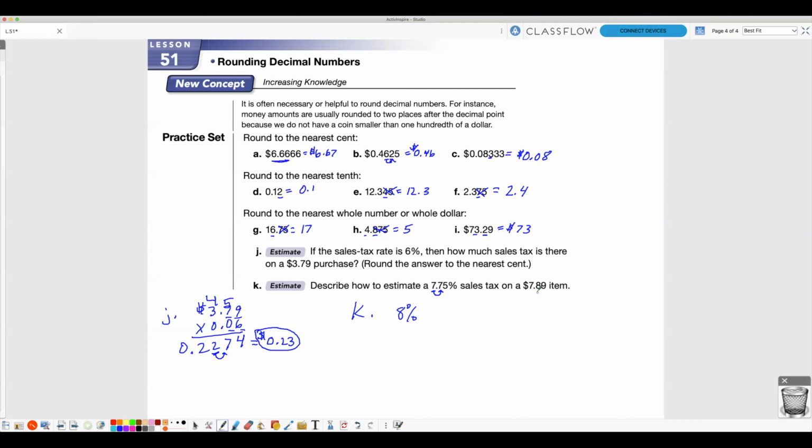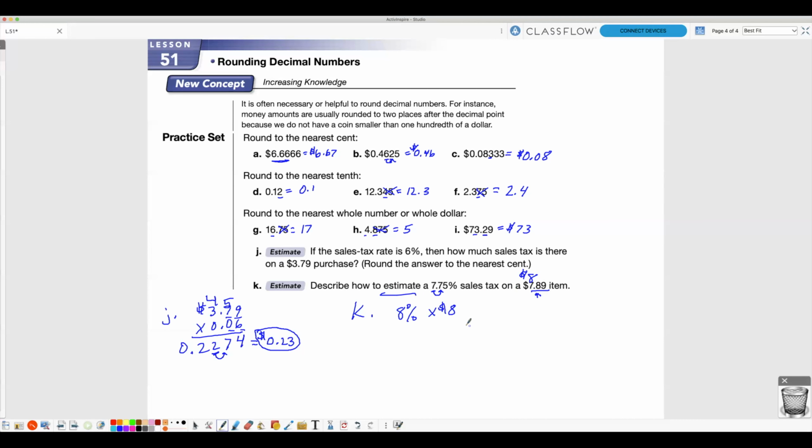And then if I was going to estimate still, I'm going to change this probably to $8. Because this has got an 8 here, because of that 8, I'm going to round that up to that. So it'd be 8% times $8.